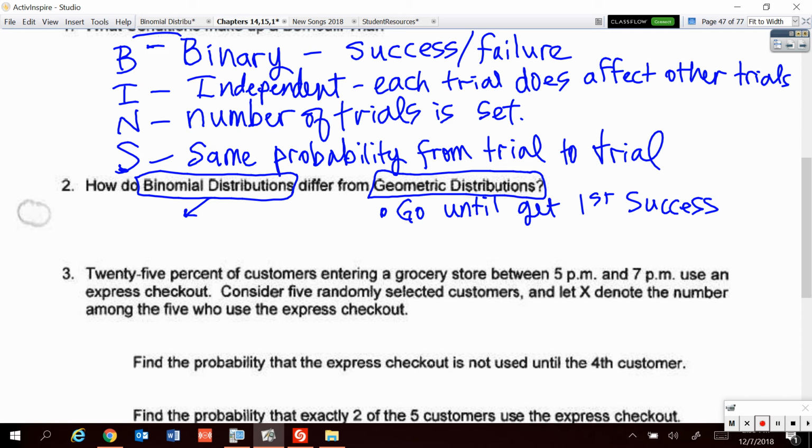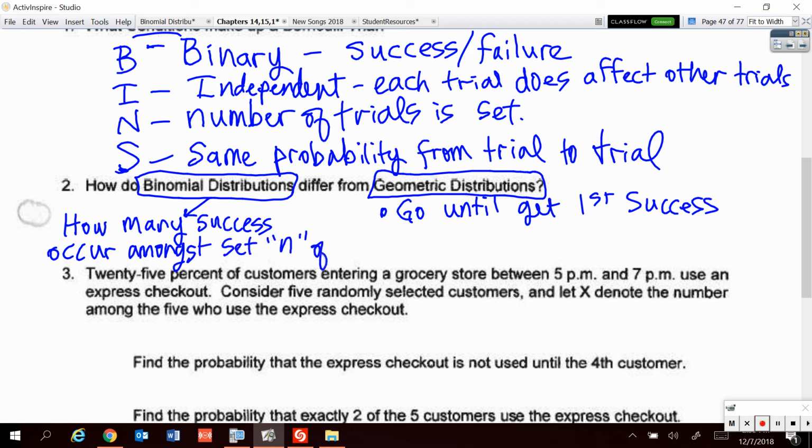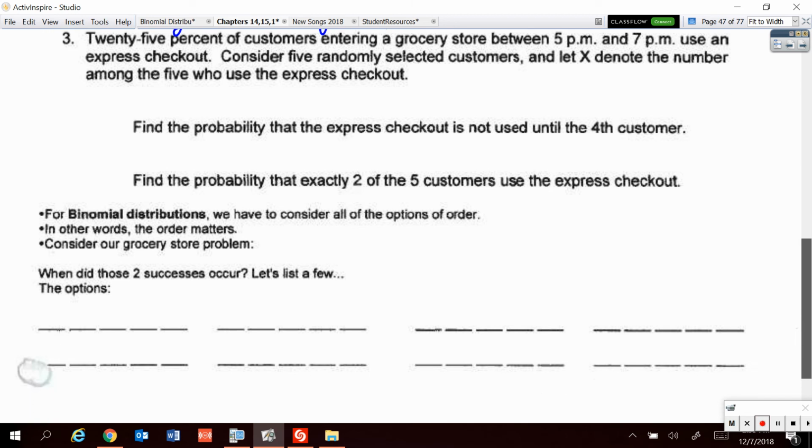So with binomial distributions, it has to do with how many successes occur amongst the set n number of trials. What's the probability that you get such and such a number of successes amongst that amount of trials?